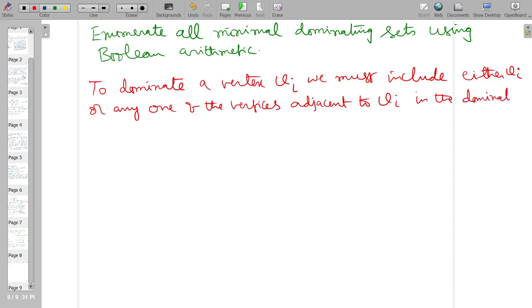So I have to include Vi or any one of the vertices adjacent to Vi in the dominating set.